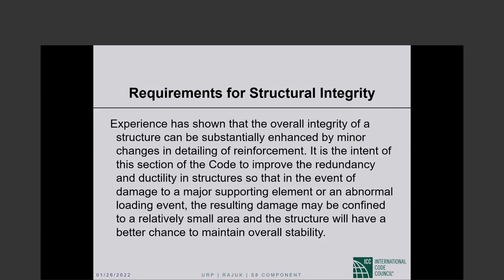I don't know what that means, but the dowels would have to be lapped with the upper bars and the lower column bars, right? So the lap splice length we talked about, even yesterday there was an example. You are lapping column bars, so you will have to provide a class A or class B splice.